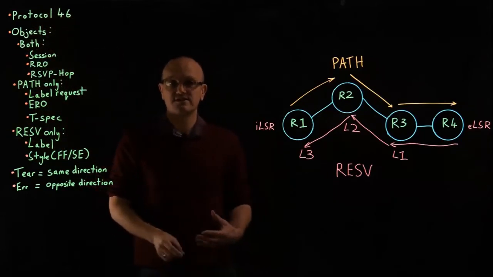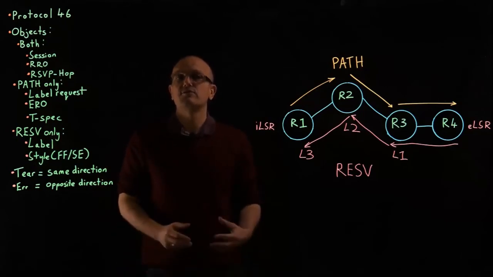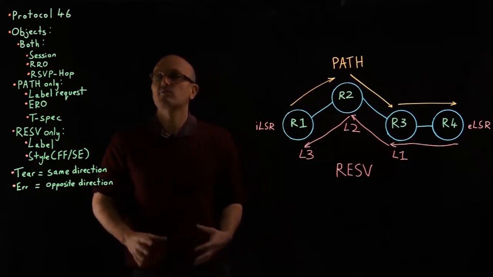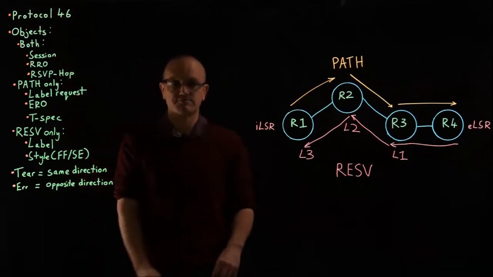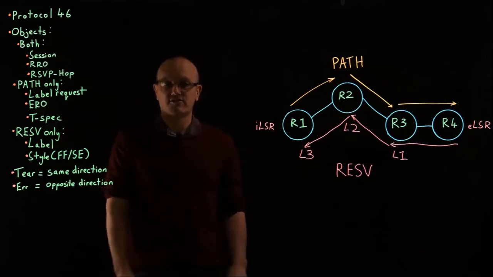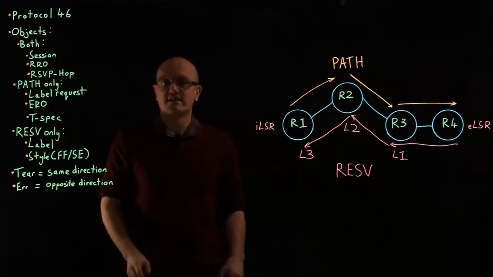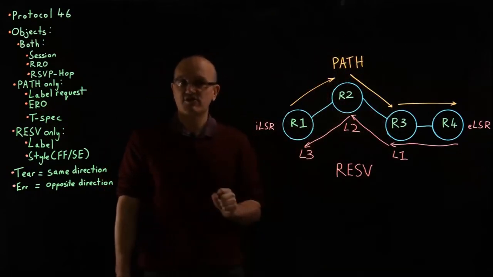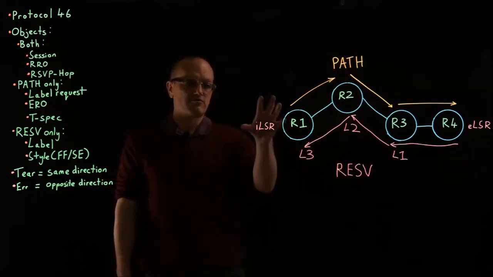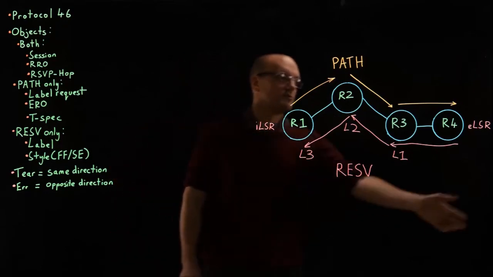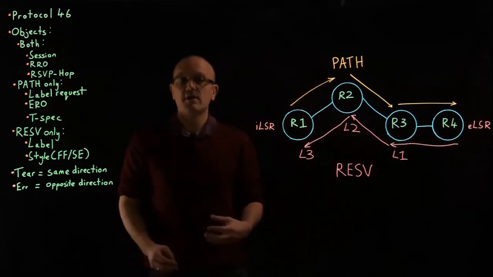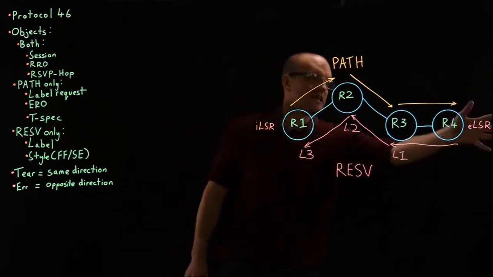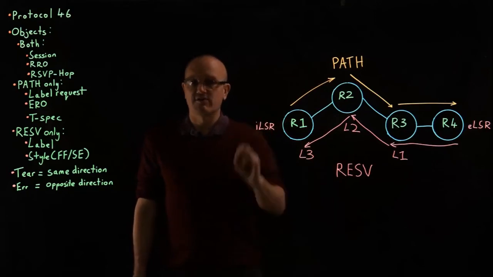If you contrast this to LDP that uses UDP and TCP to support its signaling. And within this IP protocol, we have two main message types that facilitate the signaling of RSVP LSPs. We have path messages that flow downstream from ingress LSR to egress LSR, and we have reserve messages that flow upstream from egress LSR to ingress LSR.